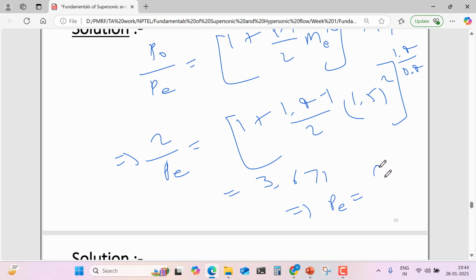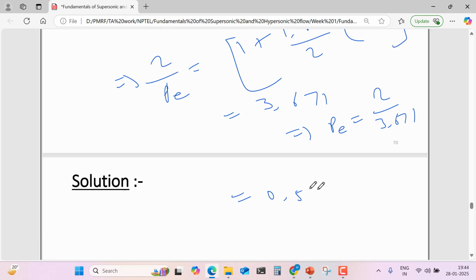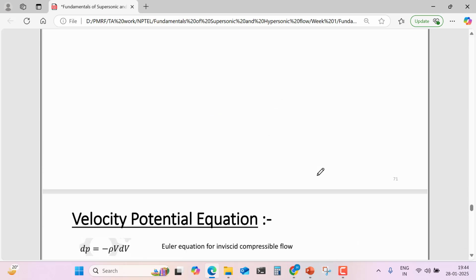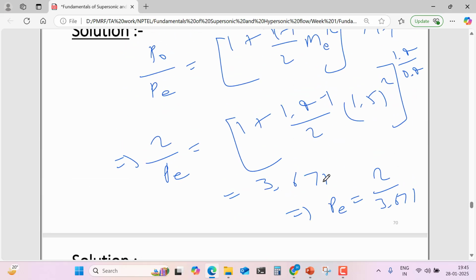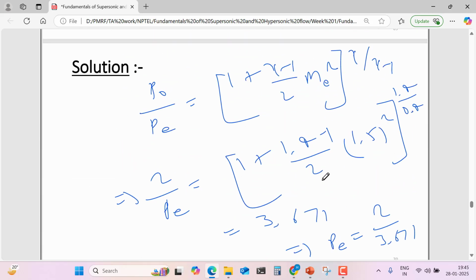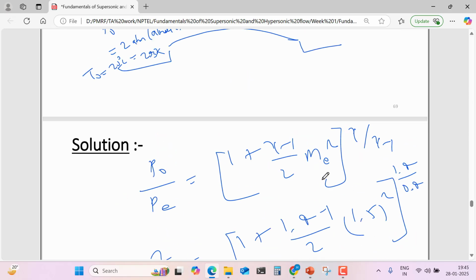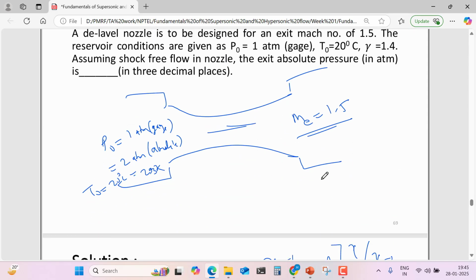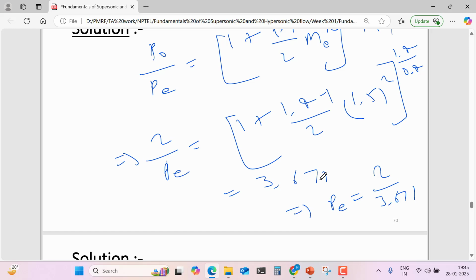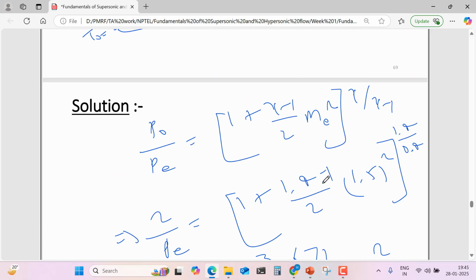So PE will be 2 upon 3.671, which will be 0.545 atmosphere. This is the answer.